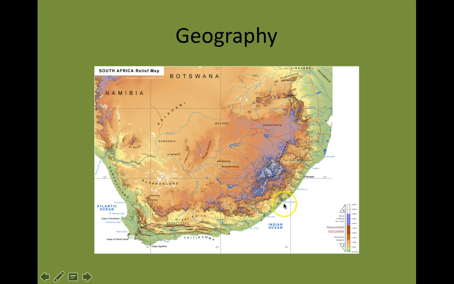But the Drakensberg escarpment runs not just through Lesotho, but also up to the north here, and down to the south of Lesotho, right?